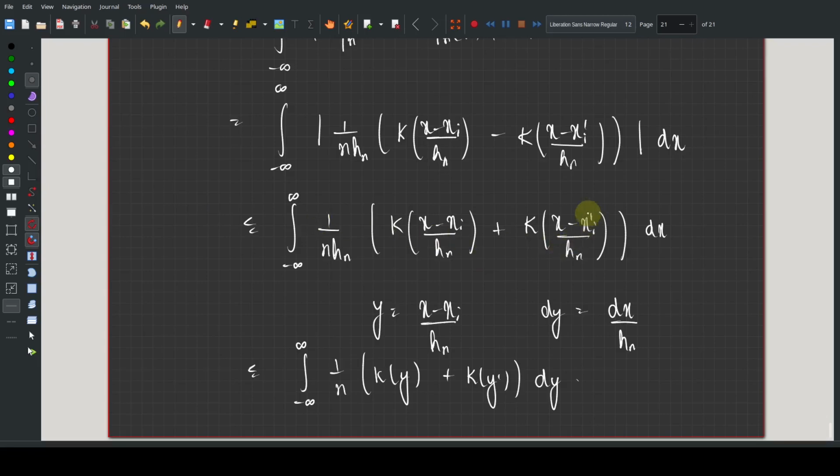Anyway, both of these are effectively the same, so this is equal to 2 times the integral from minus infinity to plus infinity of k of y, which is equal to 1. So this is just 2 divided by n.